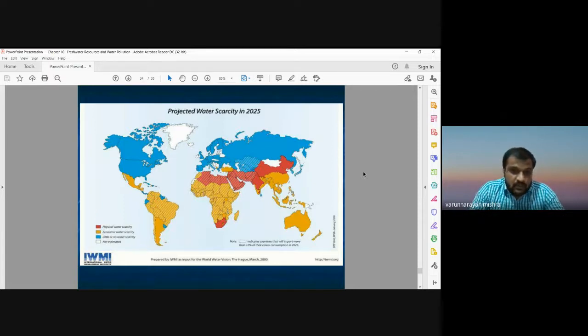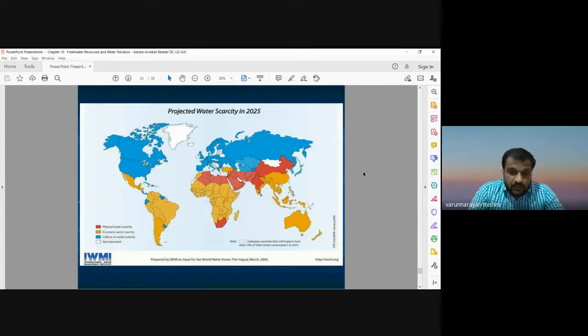So you see here most of the part of India and China, some part of China and Russia, some part of the African countries, they are going to face a high water scarcity in 2025, whereas this American continent and South American countries having very less amount of water scarcity by 2025. This is the global perspective of the projected water scarcity by the year 2025.